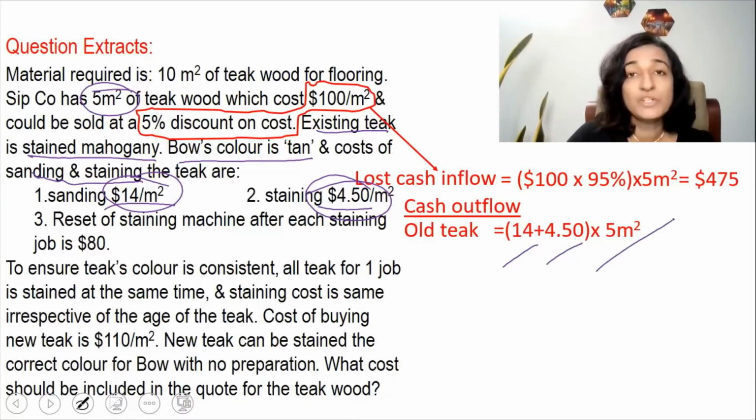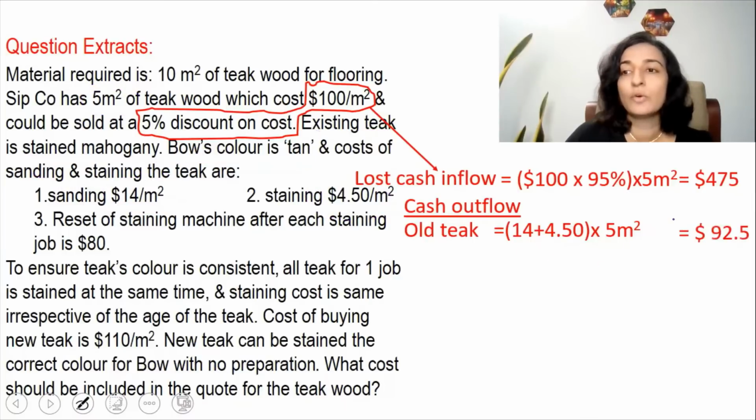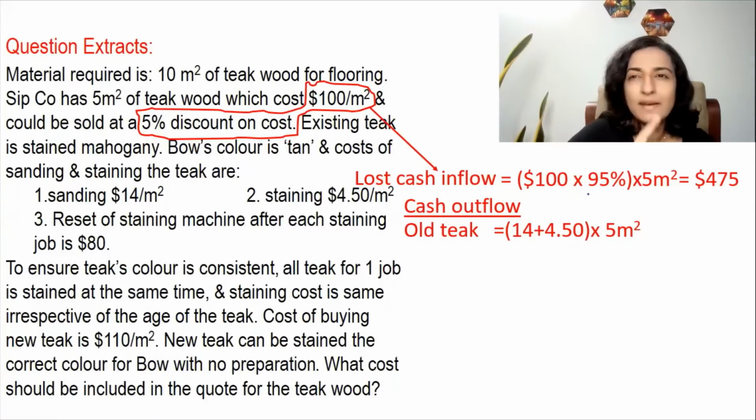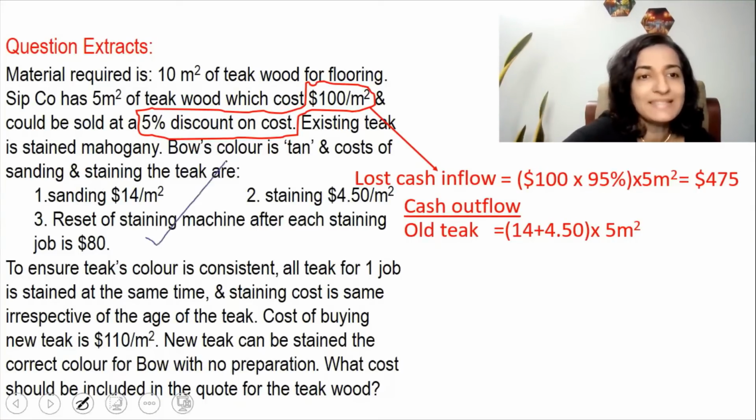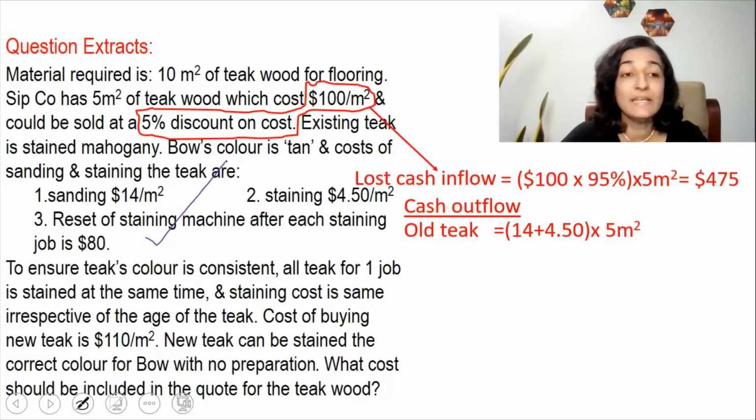And for how much quantity? For 5 square meters. So the cash outflow is $92.5. That is also relevant because it is a cash outflow. The next cost is reset of the staining machine after each staining job, which is $80. So after each staining job, we have to reset the machine, for which we incur an amount of $80.